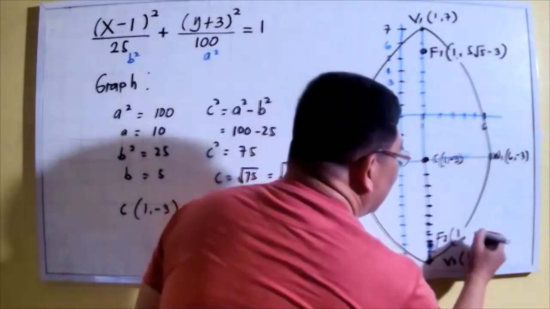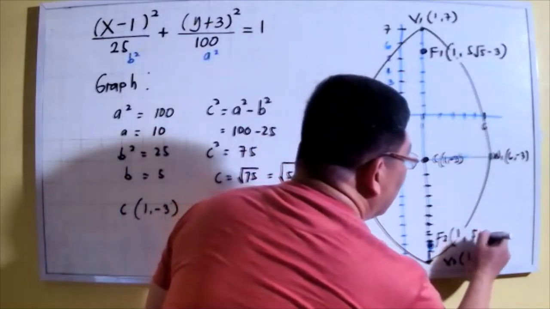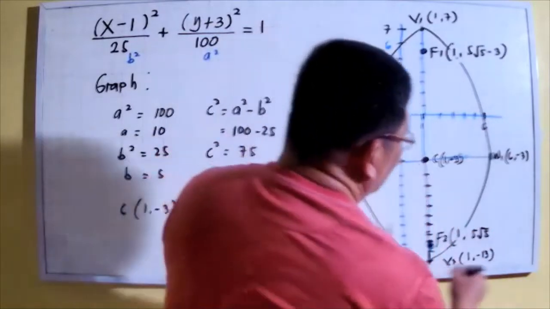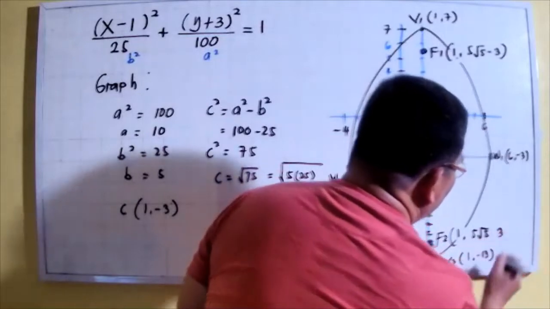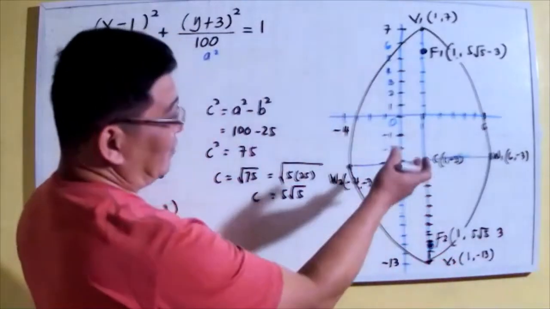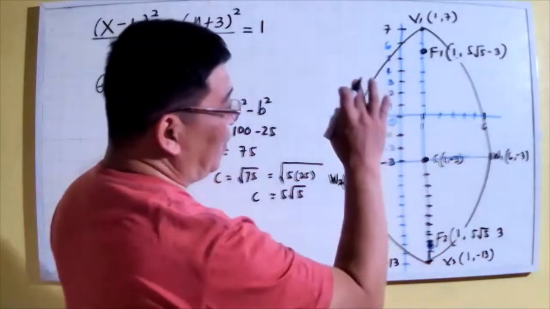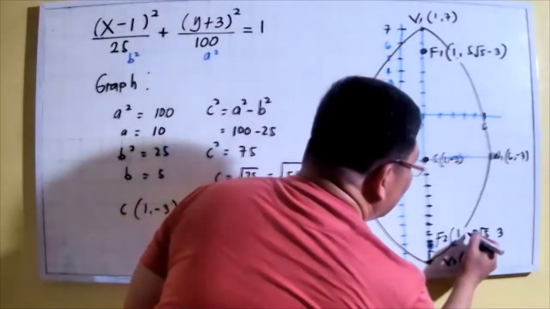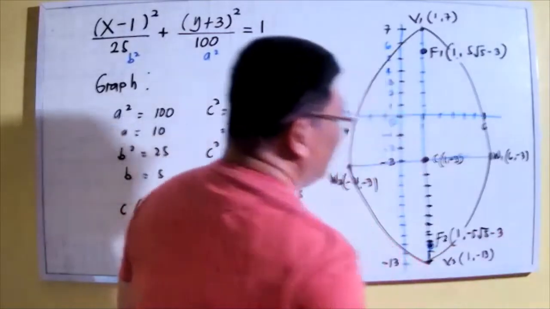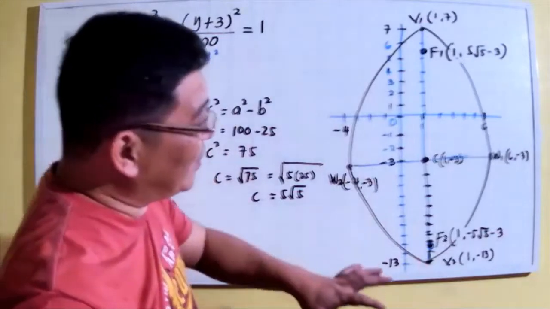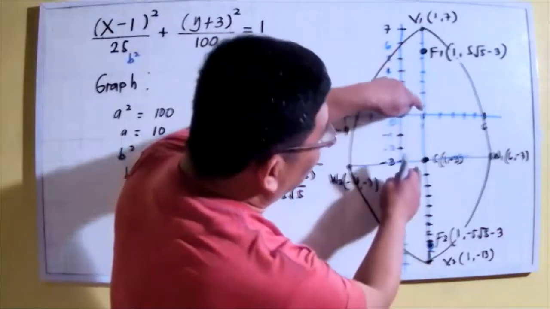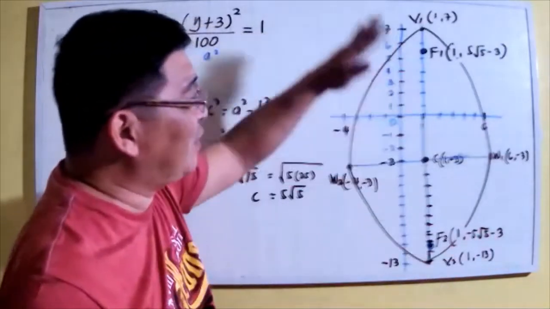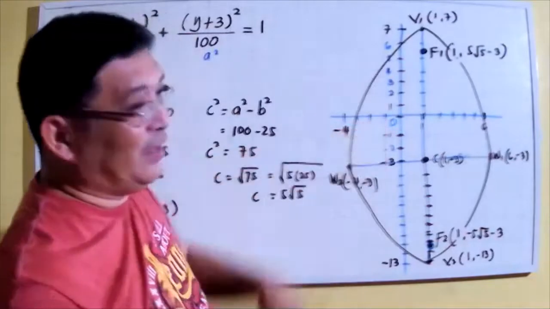So we have 5 square root of 5 plus 3. In order to add that, we know that the y value here is negative, so we have to make both negative. So this distance plus this distance is equal to the sum, which is negative because it is below the origin.